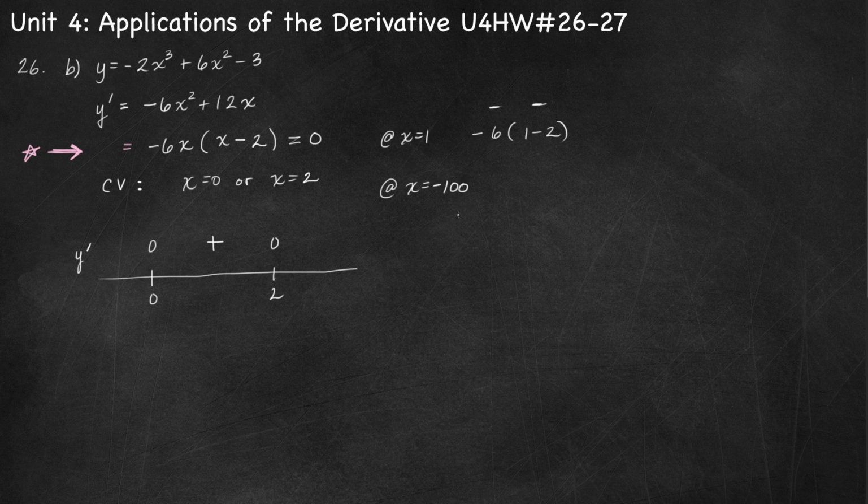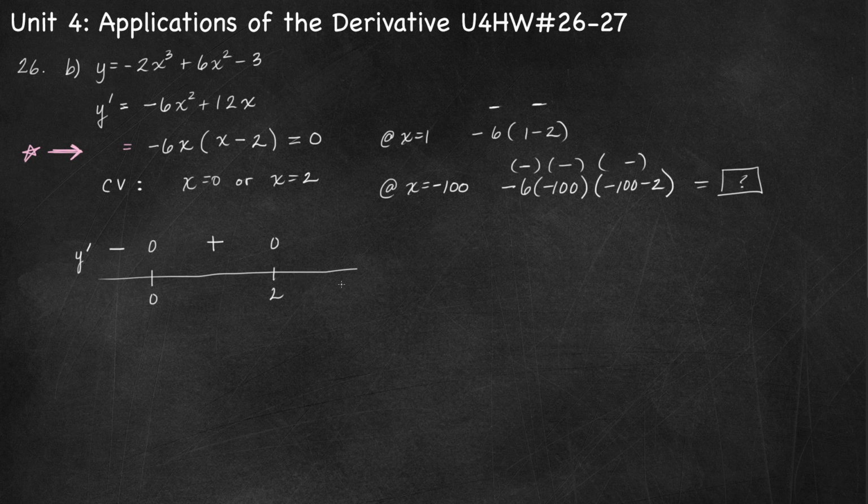I like to exaggerate it to make it easier to figure out if it's going to be negative or positive. So negative 6 times negative 100 times negative 100 minus 2. Okay, so that's a negative times a negative times a negative, which is going to be overall negative. Again, I don't need to compute the value. I just need to think about whether it's going to be positive or negative.